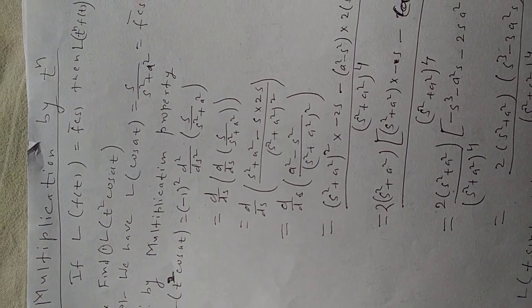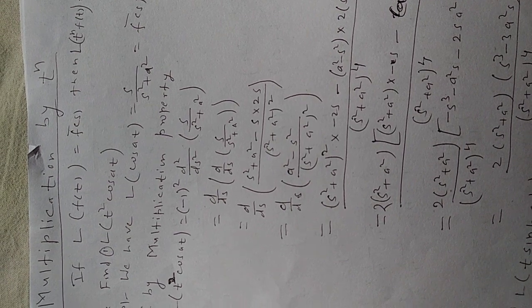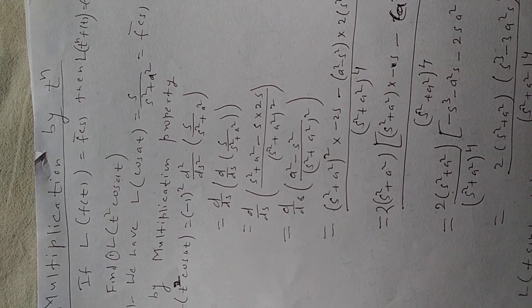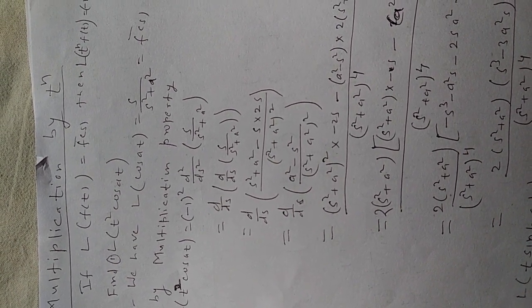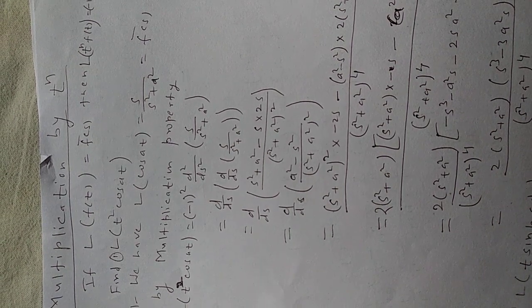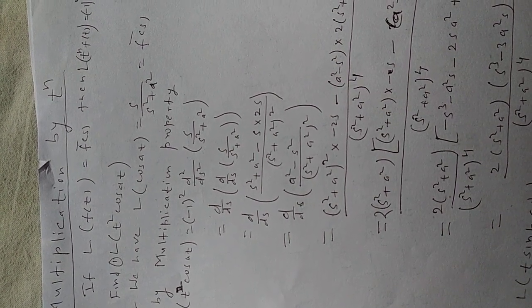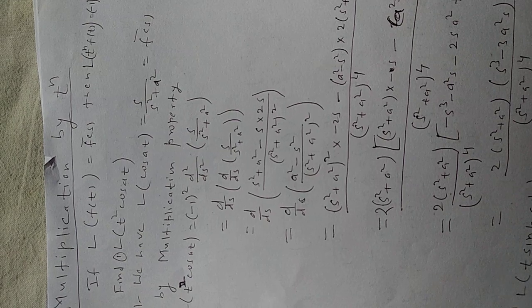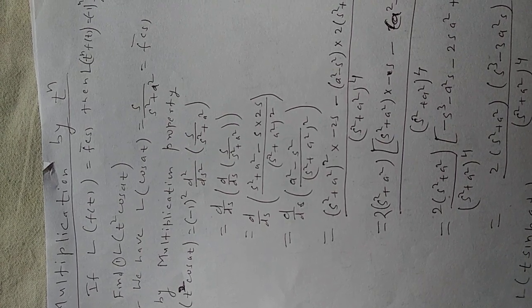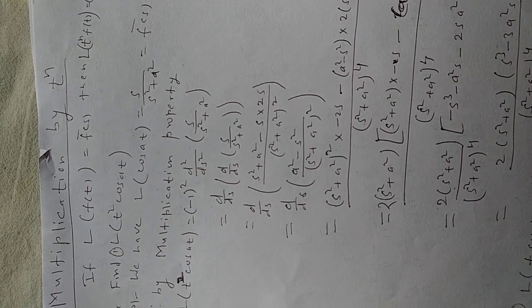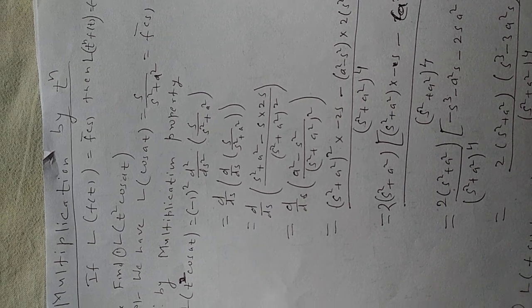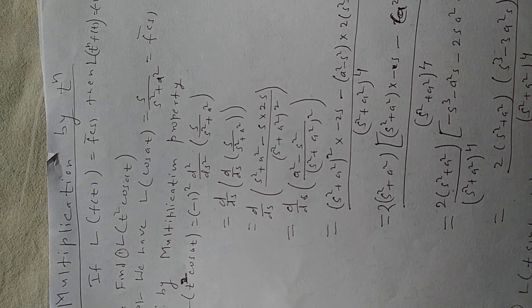In the last lecture, we have seen the first shifting property, then examples, various types of examples on this first shifting property. What is the first shifting property? I will repeat.